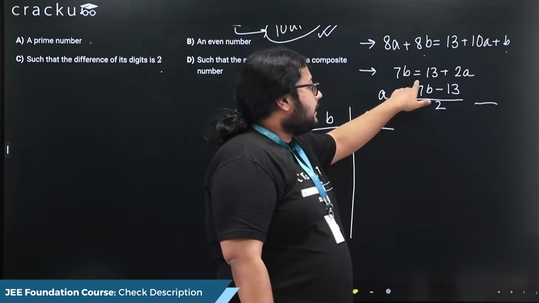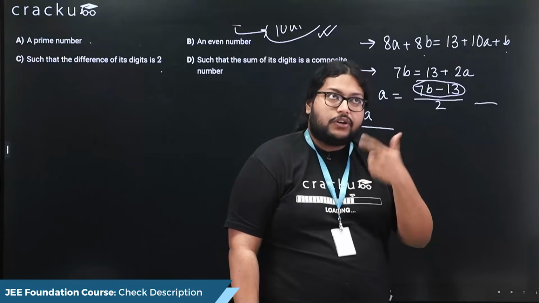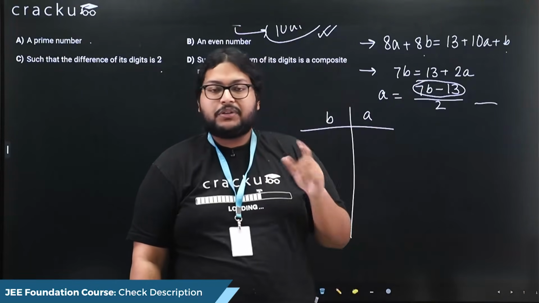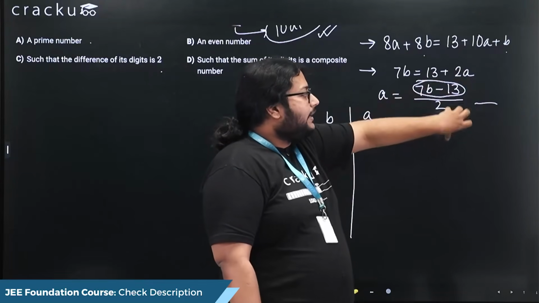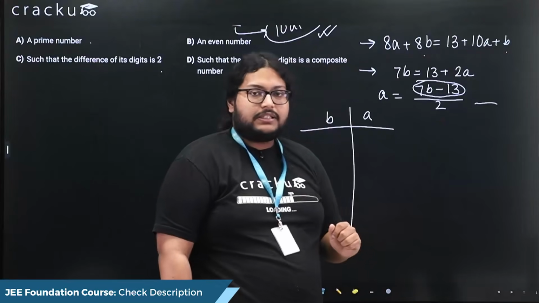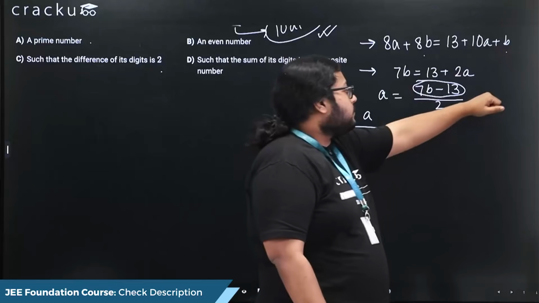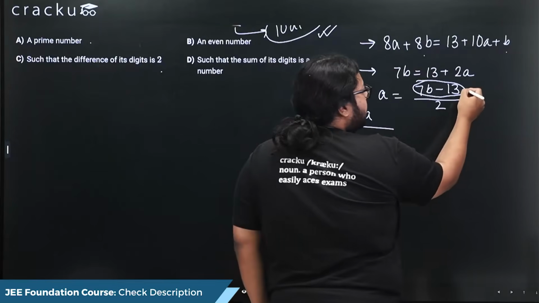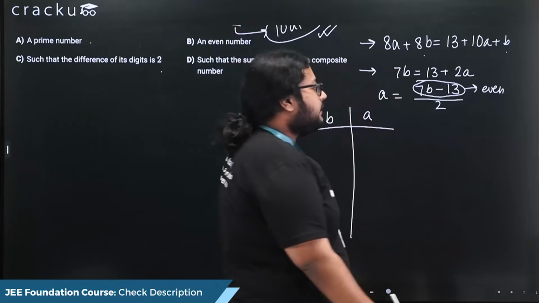So 7B minus 13 also has to be an even number, because if it's odd, then odd divided by 2 will give me a decimal. I can't have decimals because A is a digit. So this top portion has to be even.